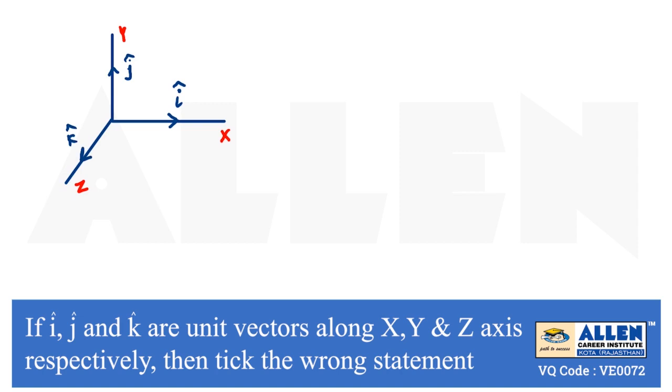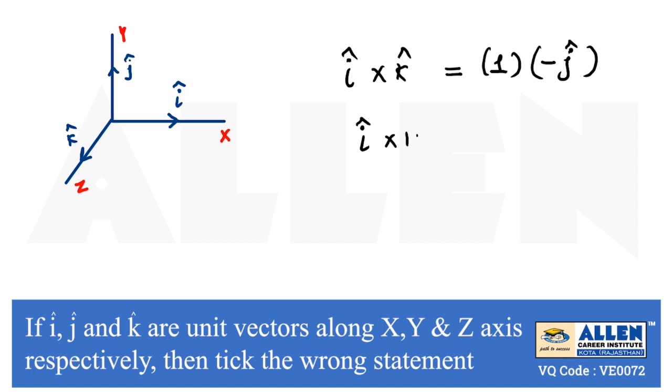Now we have to find i cap cross k cap, which means the positive x-axis is cross multiplied with the positive z-axis. On cross multiplication we get a direction, represented by n cap, which here will be minus j cap. Using the right hand thumb rule we get this direction, minus j cap, meaning i cap cross k cap will be equal to minus j cap, but in our case it is given as minus i cap, therefore this statement is false.